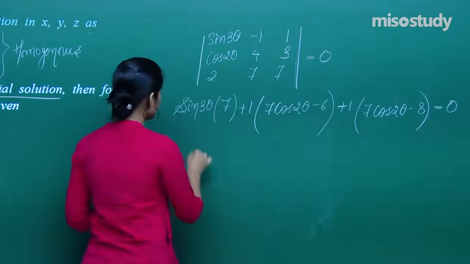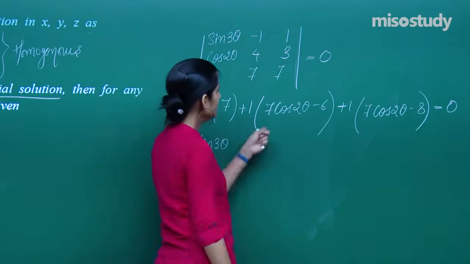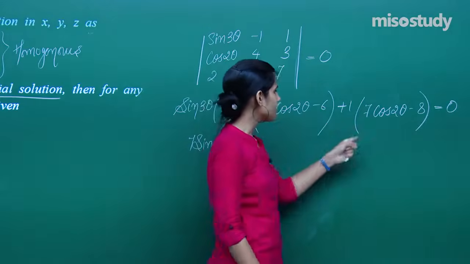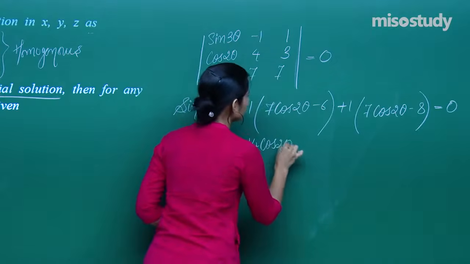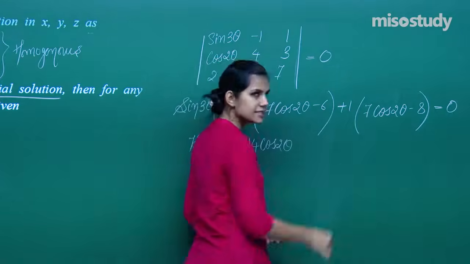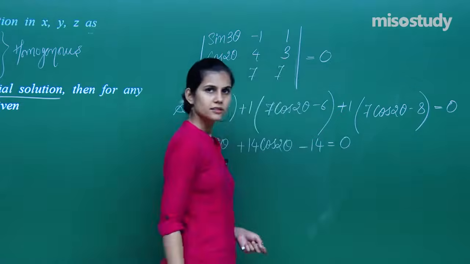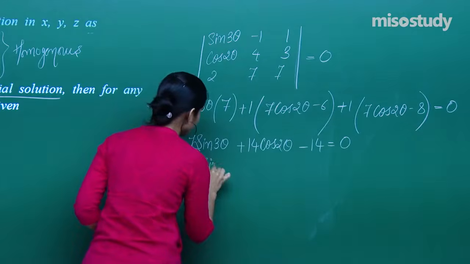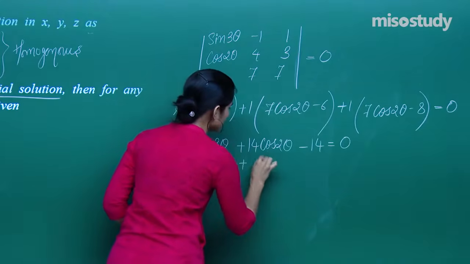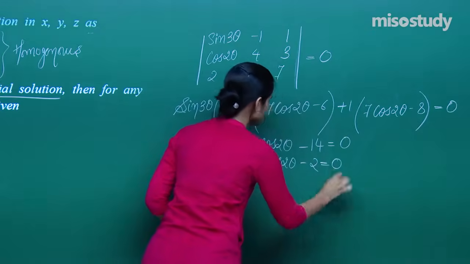Okay, so you get 7 sine 3 theta plus 7 cos 2 theta plus 7 cos 2 theta, so it is 14 cos 2 theta, minus 6 minus 8. You can see 7 can be brought out common, so you have sine 3 theta plus 2 cos 2 theta minus 2 is 0.